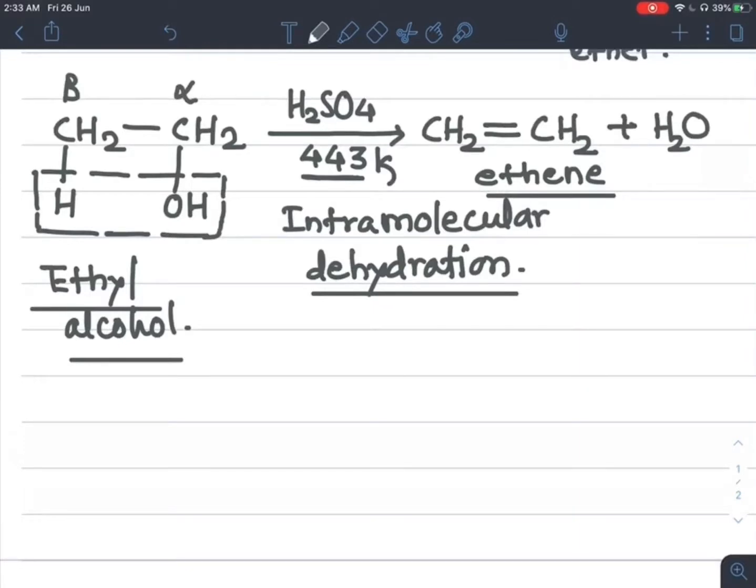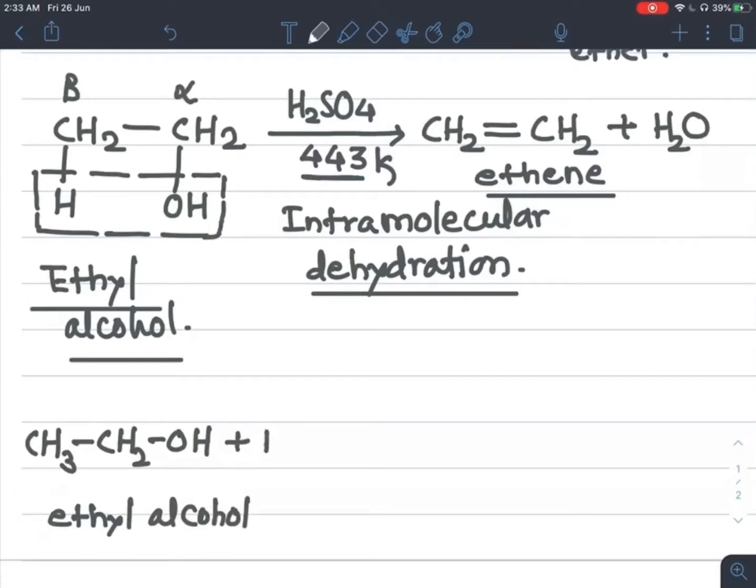Now if the same reaction takes place at a different temperature, in this reaction two molecules of alcohol are required. So this is one molecule of ethyl alcohol, treated with another molecule of ethyl alcohol. I can write this molecule this way: OH, CH2, CH3 from this side, so it is easy to show the removal of the water molecule. So this OH and H are removed in between these two molecules.